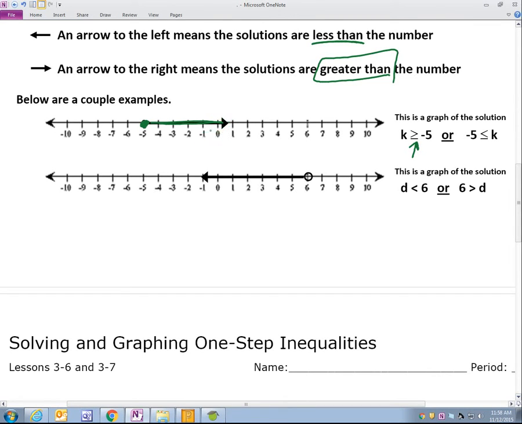The next one that we have is the graph of the solution D is less than 6. Now, it does not include 6. That's an open circle. Now, for those of you that have a little bit rougher handwriting, if I do not see some of the background color of the paper that you take your test or your quiz on, some white or whatever color it is back there, it's wrong.